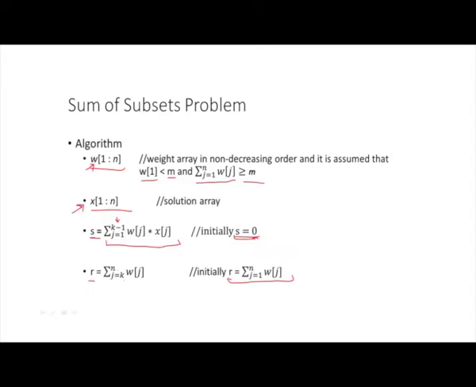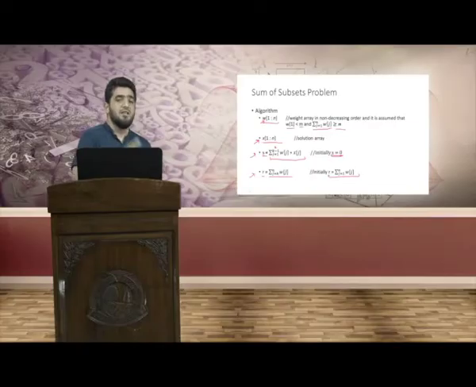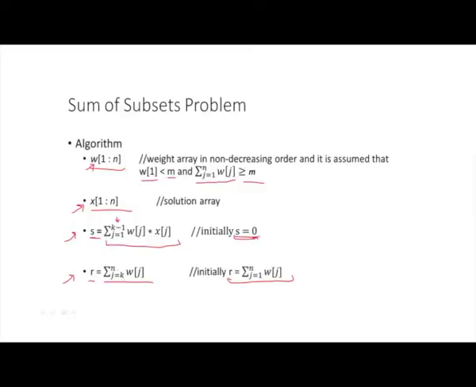This is where the solution will be stored. S would store the sum of the weights so far that we have considered. R would be storing the sum of the remaining weights: if k minus 1 is the level at which we have taken a decision, from k to n we are considering the remaining sum, which we refer to as R.